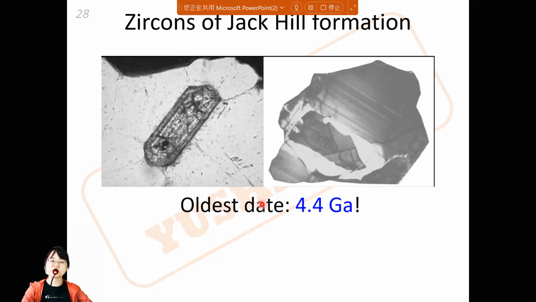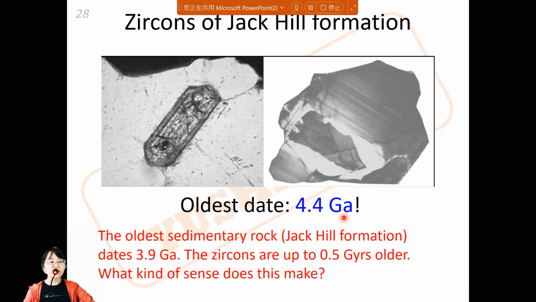So if you consider the uncertainty of the dating technique, this age is probably the same as the age of the solar system. However, the oldest sedimentary rock, the Jack Hills Formation, dates 3.9 billion years ago. That is about 0.5 billion years younger. And the zircons are up to 0.5 billion years older. So zircons are older than the surrounding rock.